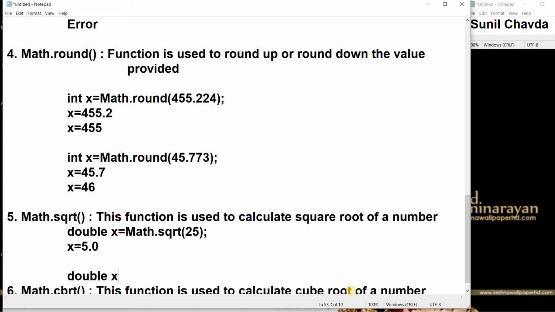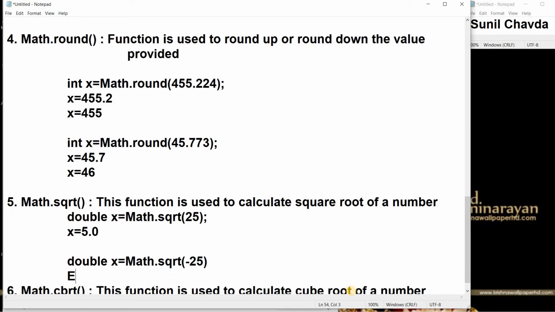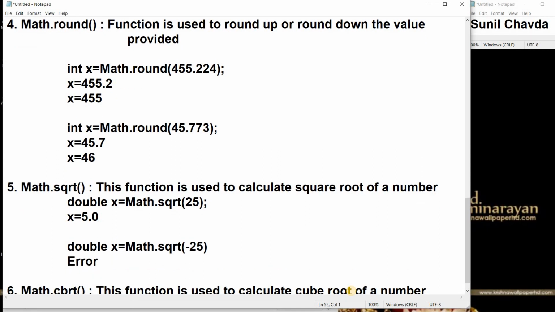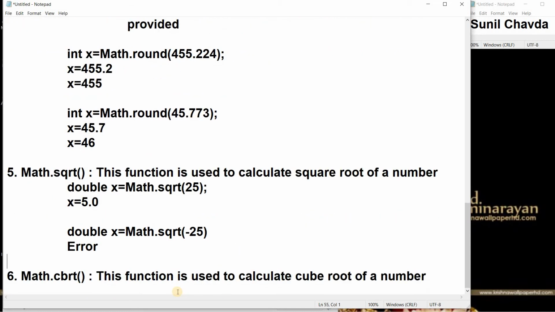If you write double x is equal to Math.sqrt of minus 25, then Java will give you an error. You cannot have a square root of a negative number.